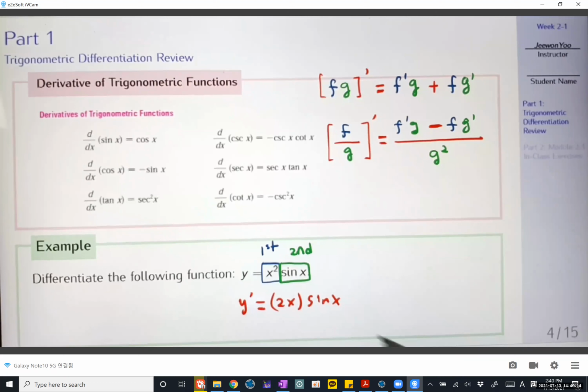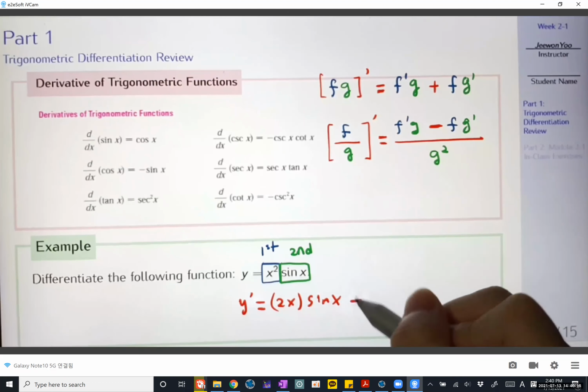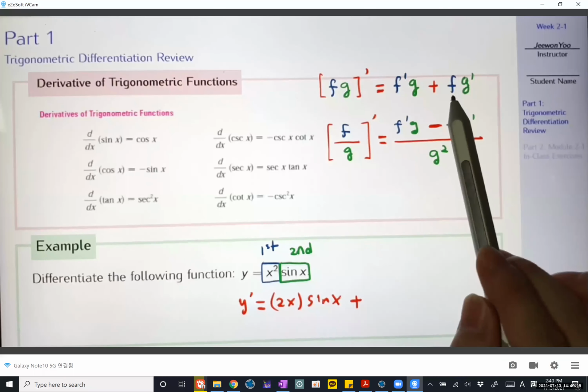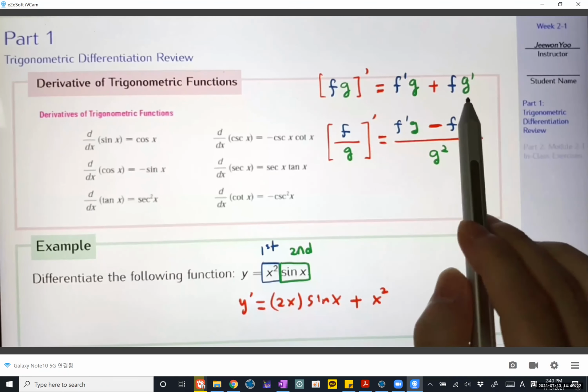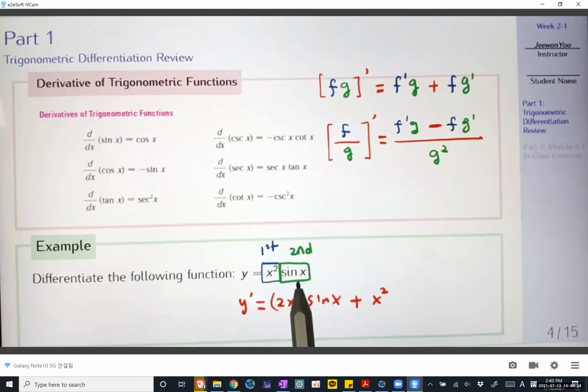Okay, like so. And then plus the original first guy, blue, x squared, and then the green derivative of sine x is, everyone? The derivative of sine x is cosine x. Thank you.